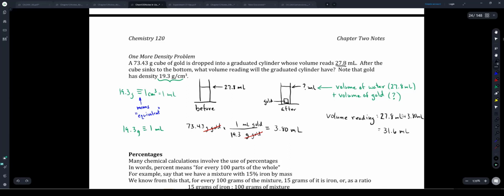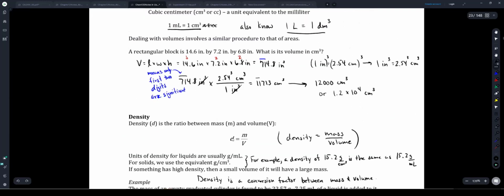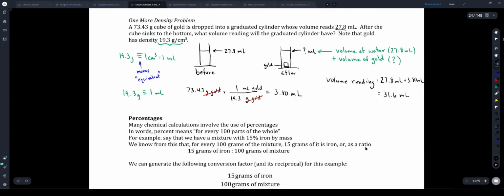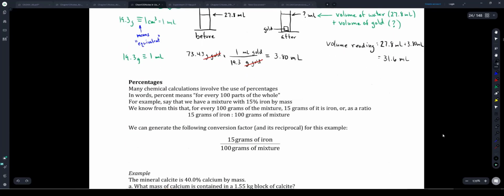I'm hoping that wasn't too hard. You also could have found this by just using the equation, density equals mass over volume. So you could have just rewritten it like this. You're trying to find the volume, right?